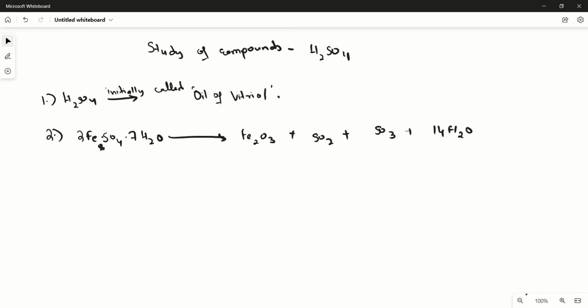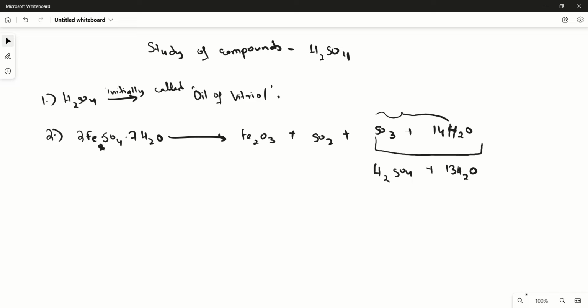This is the original reaction, and this is basically just H, not F. That's supposed to be H2SO4 plus 13H2O. That's the same thing.